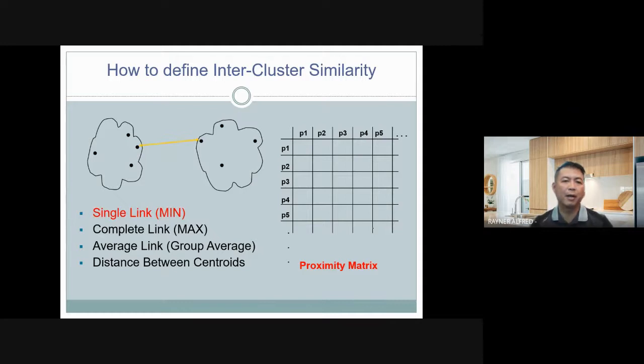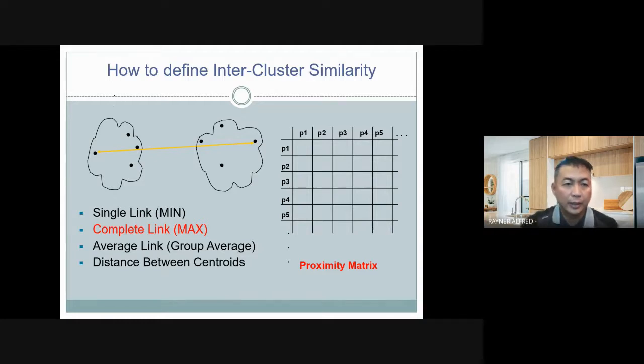So for example, for the single link, we look at the minimum distance between two documents from different clusters. And for the maximum, we are looking at the maximum distance between two documents in two different clusters.